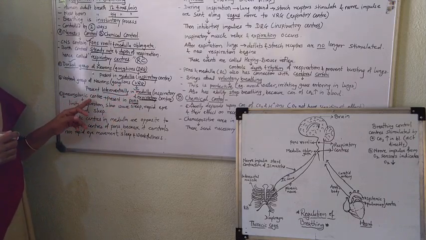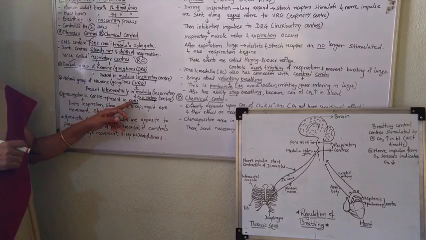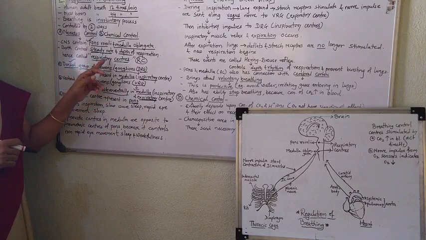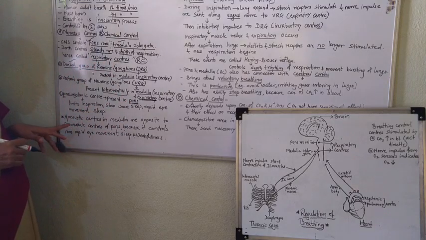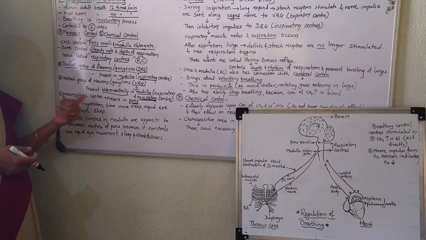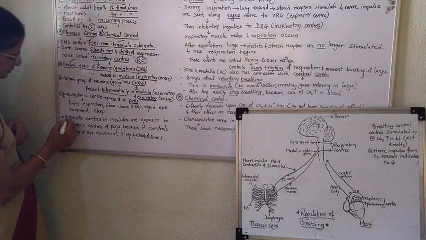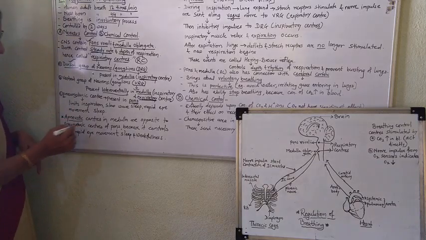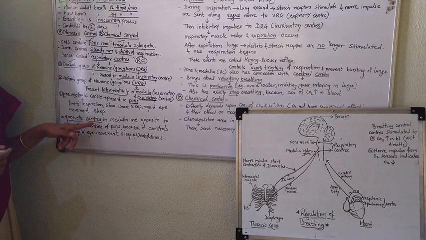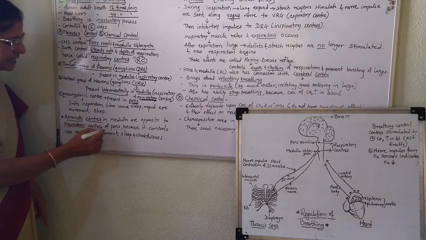And the pneumotaxic center is present in the pons. So all these groups are collectively known as respiratory centers. One thing is there are other centers also present, exactly opposite to the pneumotaxic center, known as apneustic centers. These apneustic centers are also present in the medulla and they are opposite to the pneumotaxic center present in the pons.